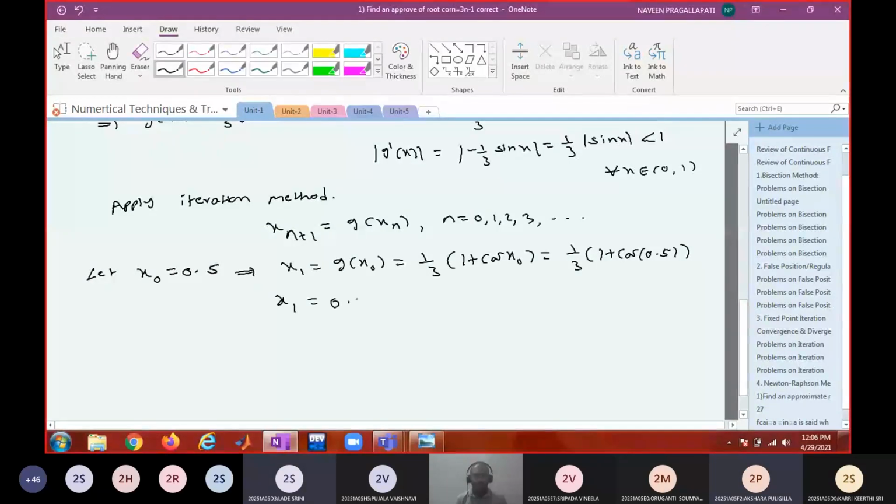0.6259. Now, in your calculator, store this value in the variable a so that doing calculations will be easier. Store 0.6259 in the variable a and do the calculation (1 plus cos a) divided by 3. Put 1 plus cos a in brackets, otherwise when you are dividing by 3, you may get a different value.